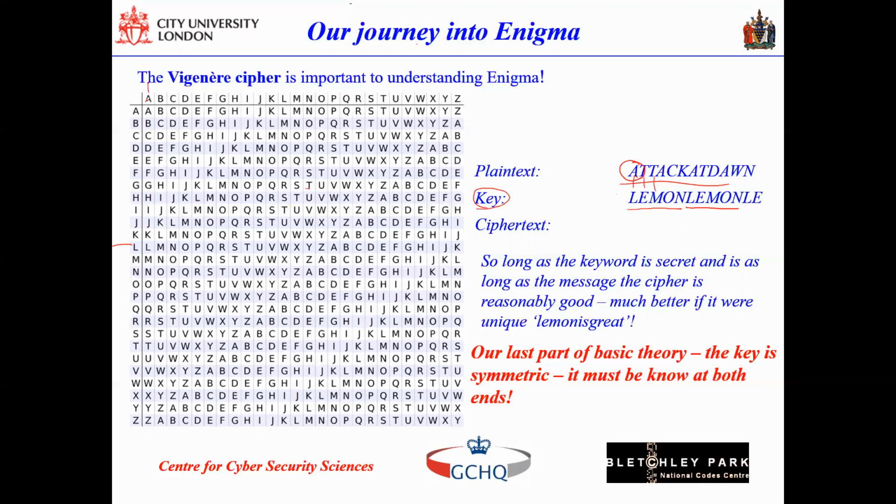If I join these two up, then the letter that I want in the first instance is going to be L. So the first encrypted letter is going to be L.